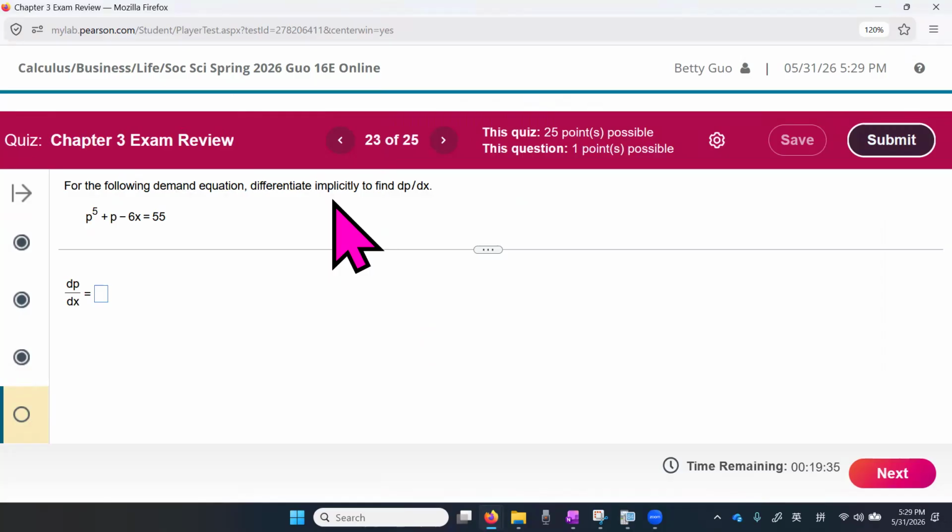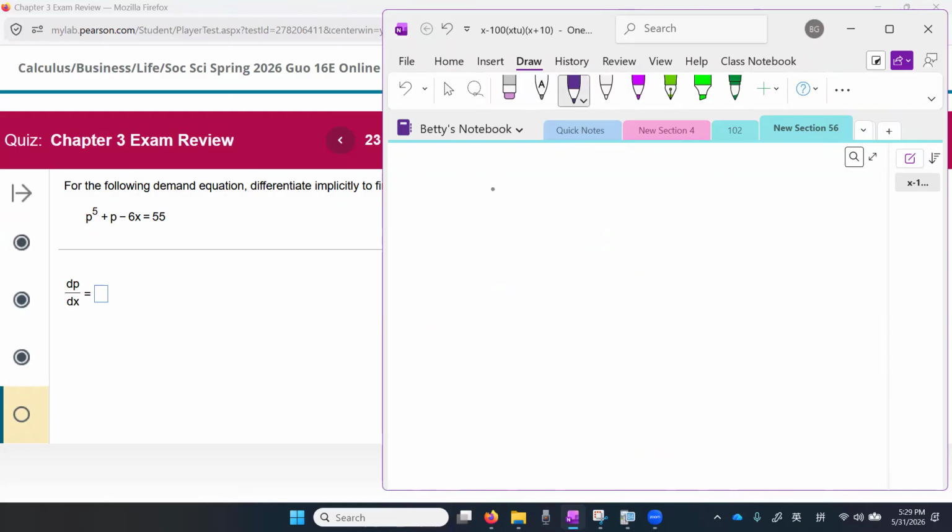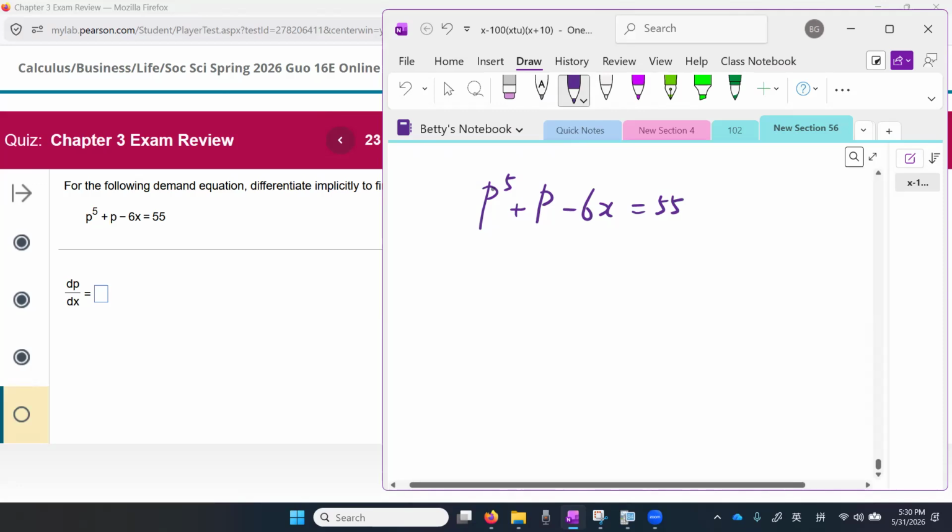Differentiate implicitly to find dp/dx. Let's copy the equation. p to the fifth power plus p minus 6x equals 55.